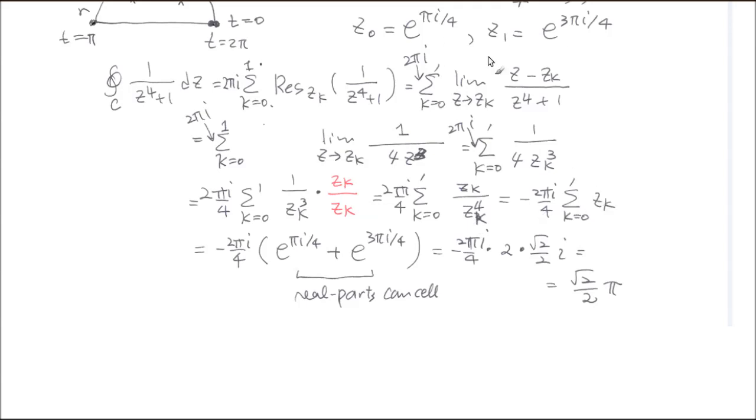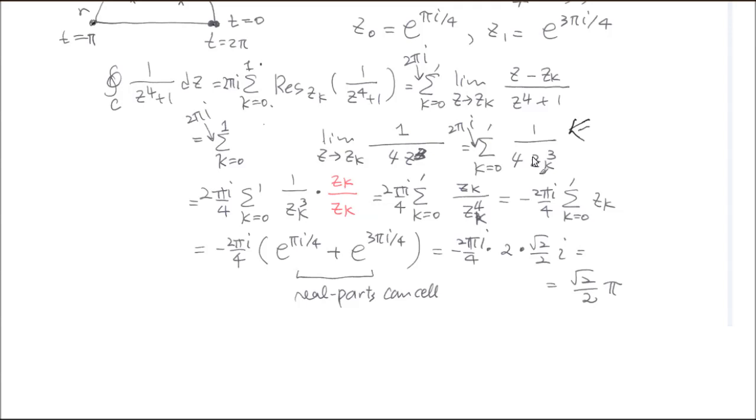And here's zk, and you actually look, these are 45 degrees, so we have root 2 and all that. So if you plug it in there, calculating this one is fairly simple. So it's root 2 over 2 pi. Yeah, up to here was this part. You'll get to that part? Yeah.